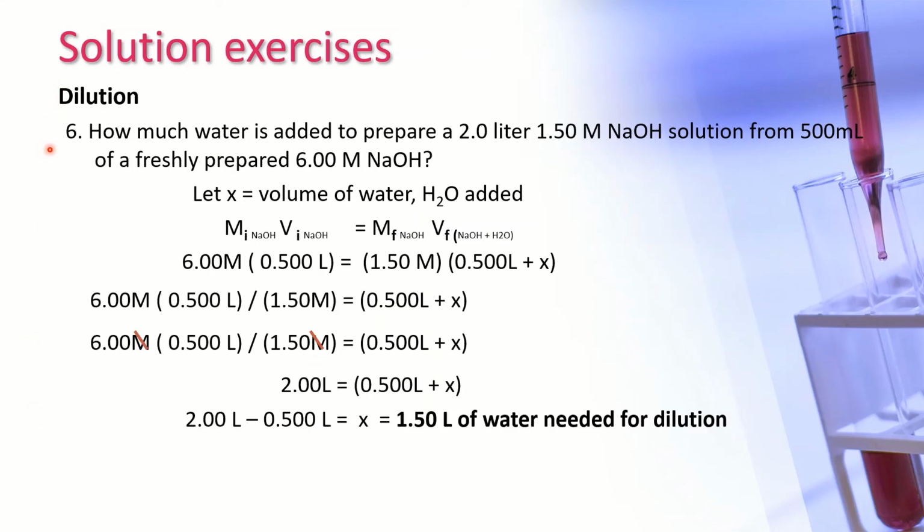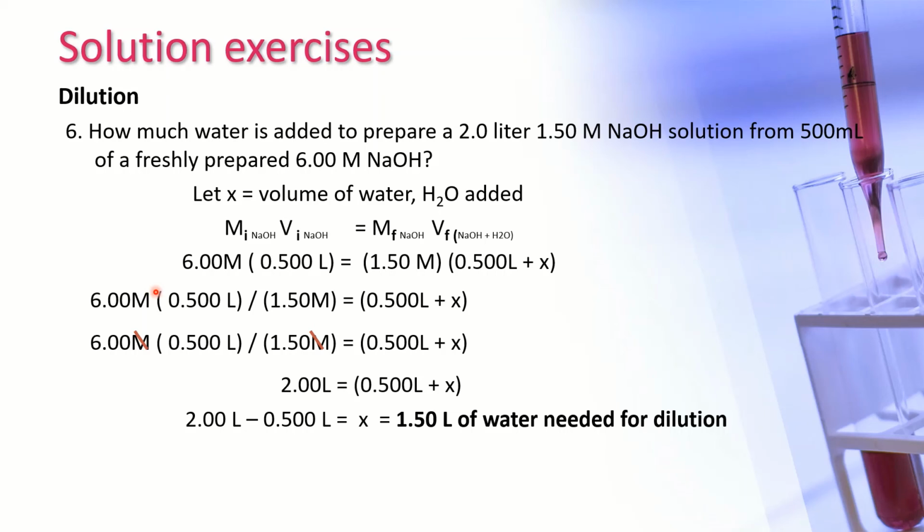Number 6. How much water is added to prepare 2 liters of 1.5 M sodium hydroxide solution from 500 ml of a freshly prepared 6 M sodium hydroxide? Let X be the volume of water added. So the formula to be used is MV initial is equal to MV final. Take note that in the final volume of sodium hydroxide, you consider the volume of water added, which is what is asked in the problem.